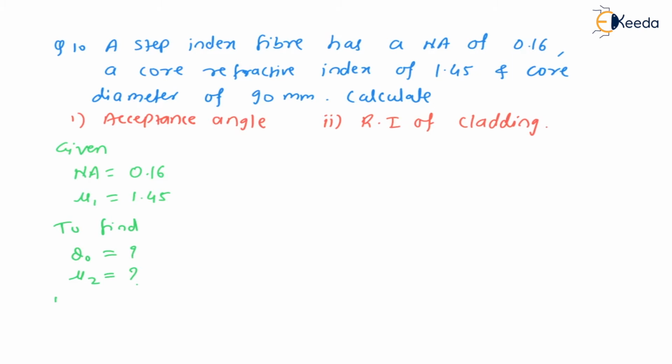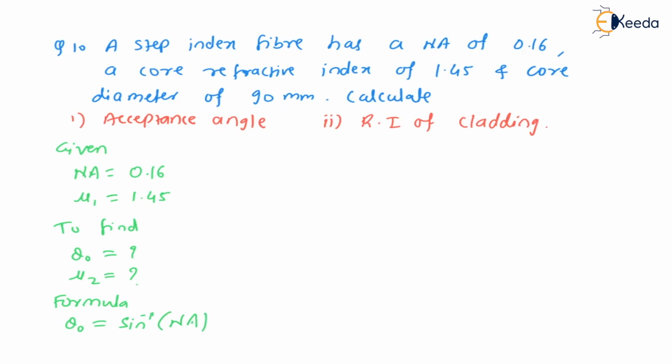Now comes the formula. To find the acceptance angle, as they have given the value of NA, we will use the formula sine inverse of NA. This is the formula for acceptance angle, and it will be sine inverse of NA.